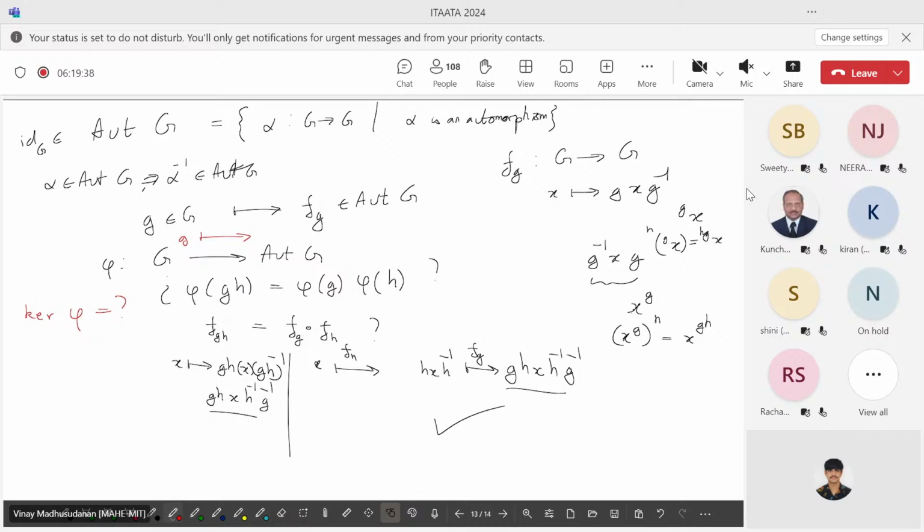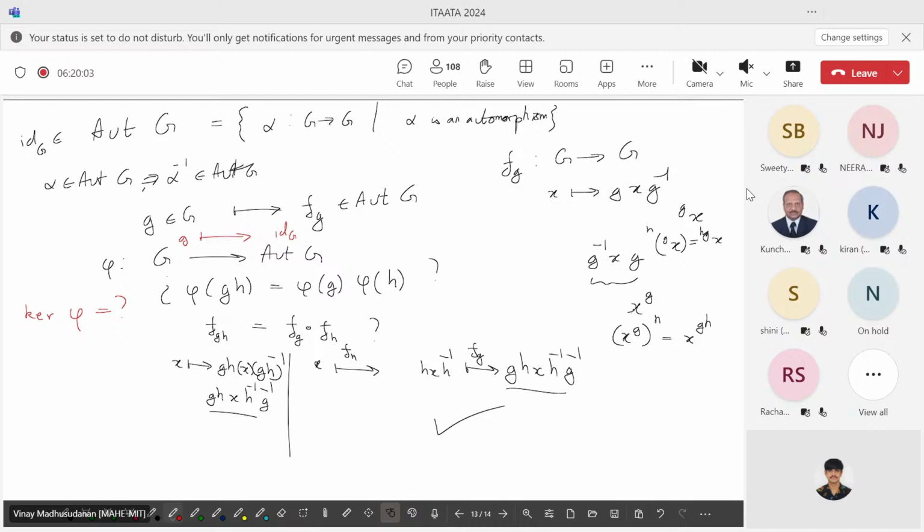The identity of Aut G, which means the identity mapping, not the identity element of G, because that doesn't make any sense. You want phi of g, that is f_g, to be the identity mapping. When will f_g be the identity mapping? One case is where G is abelian, then whatever g you take, f_g will be identity.